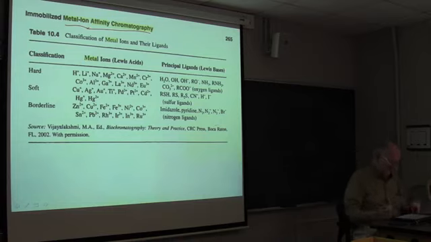So for instance, if you wanted to fish out a protein that had a high sulfhydryl content, that is, the protein had a lot of cysteines in it, the way to go is to put something like silver or copper 1, and it will interact with the thiol groups and the sulfur groups in that protein rather selectively.